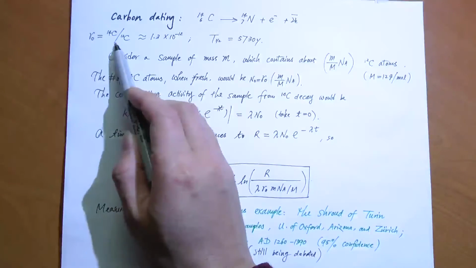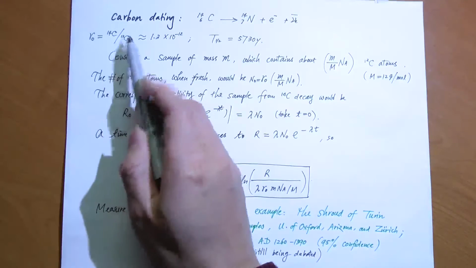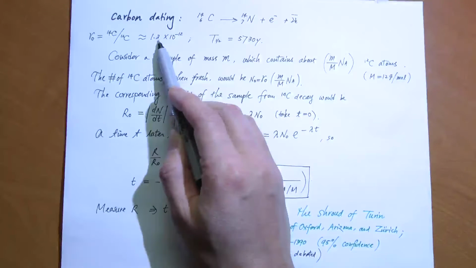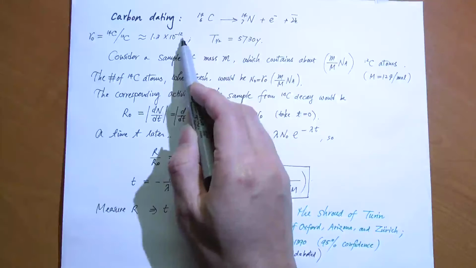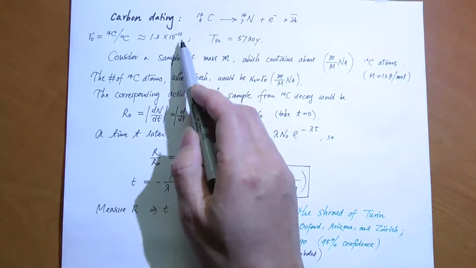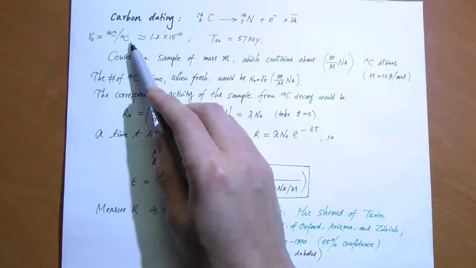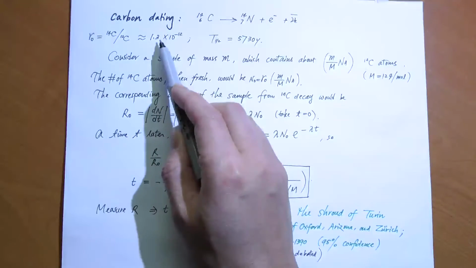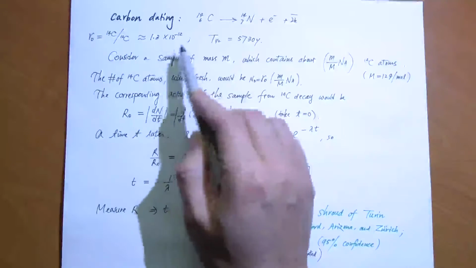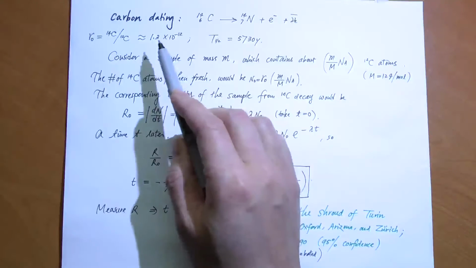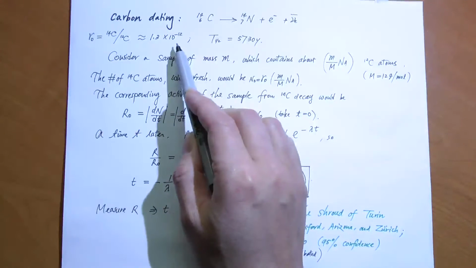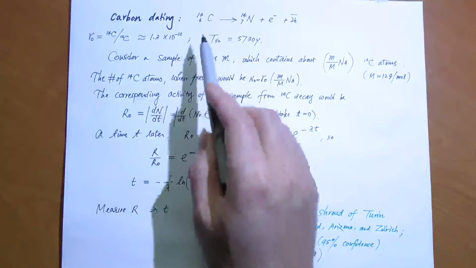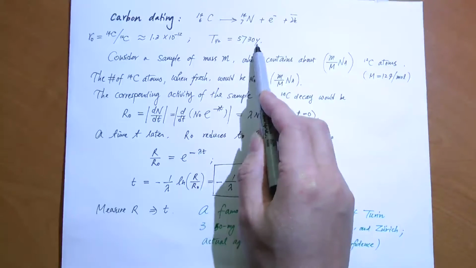And this ratio in the Earth's atmosphere is about 1.3 parts per trillion. So for every trillion carbon-12 atoms, there are about 1.3 carbon-14. That's a very small fraction, but it's quite stable in the Earth's atmosphere. Okay, and the half-life of carbon-14 is 5,730 years.